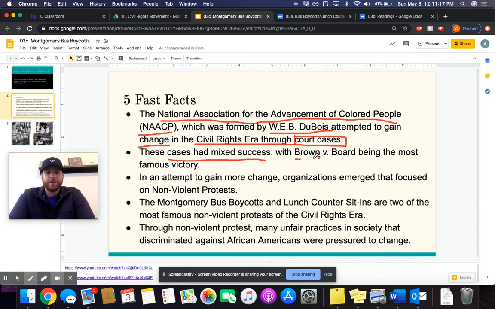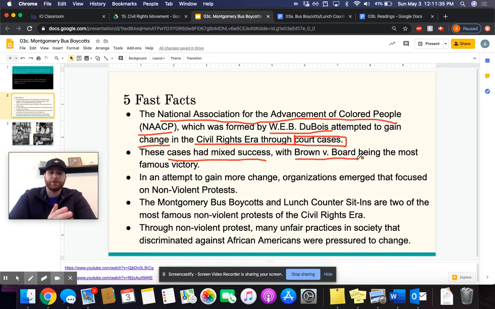One of the major successes of the NAACP, though, is this Brown versus Board of Education case. As we learned about last week, the Supreme Court switches their viewpoint on the legality of segregation.